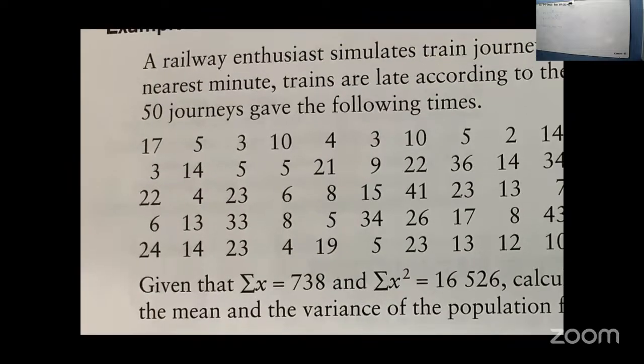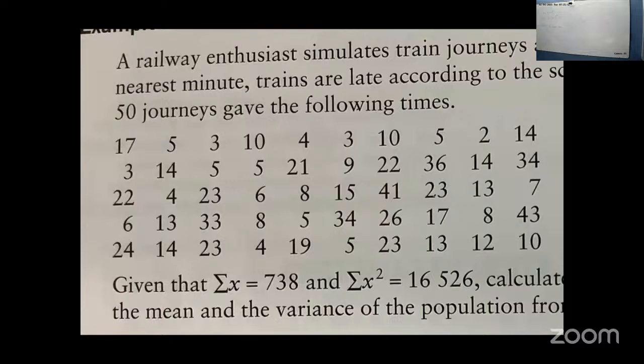Let's check and see. More than 25 is 1, 2, 3, 5, 6, 7.